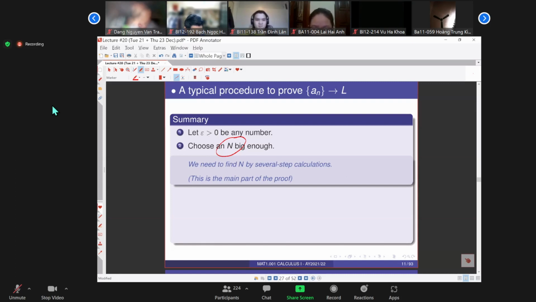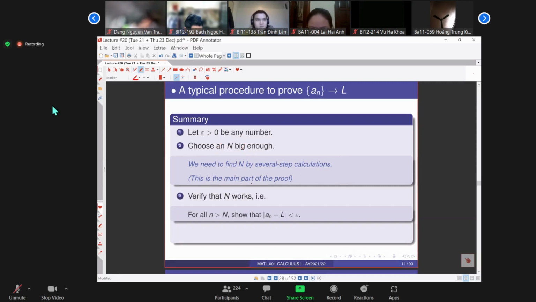And this is the most difficult and the most important main part of the proof. And after that, you have to verify that the N you choose works for your problem. That is, you have to show that for all n bigger than big N, you have such a thing. Then it is done. You conclude that the limit is L.